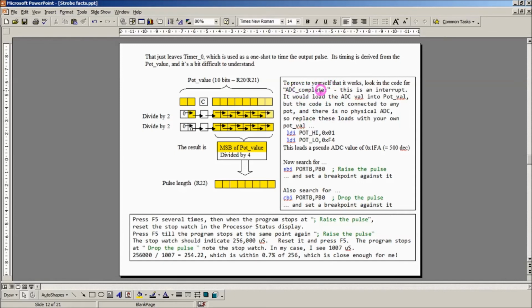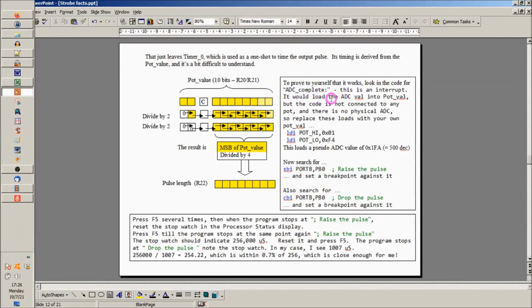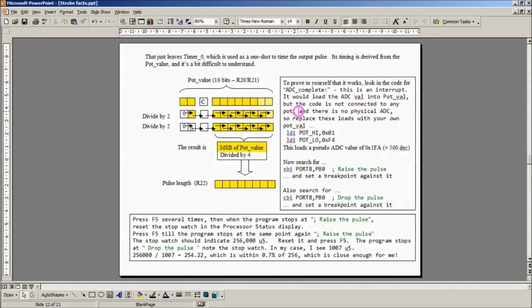It starts off by saying, look for ADC complete. This is in the code, so look for that string. It's in an interrupt. It would load the ADC value into pot val, but the code is not connected to any pot. Obviously, it's just code in a simulator, and there is no physical analog to digital converter. So replace these loads with your own pot value.